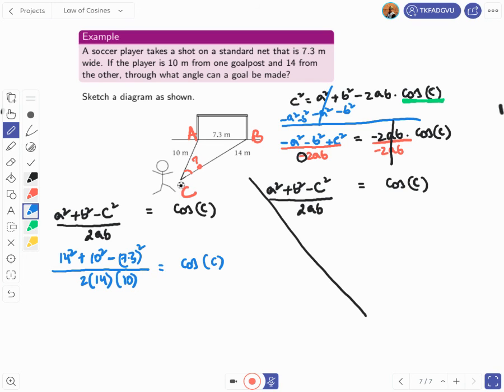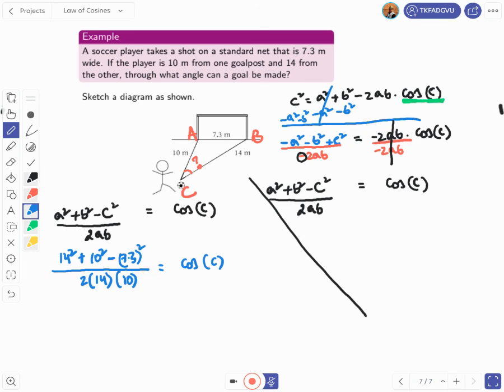Now you may plug in the values. For typing the numerator, you may use parentheses if you are using a calculator. So I'm using parentheses: 14 square plus 10 square minus 7.3 square. This is the numerator.